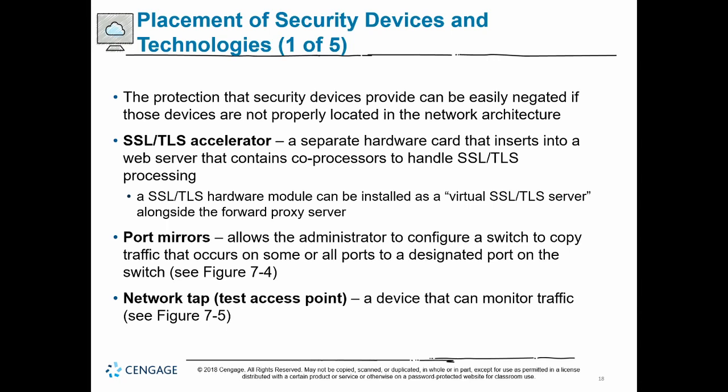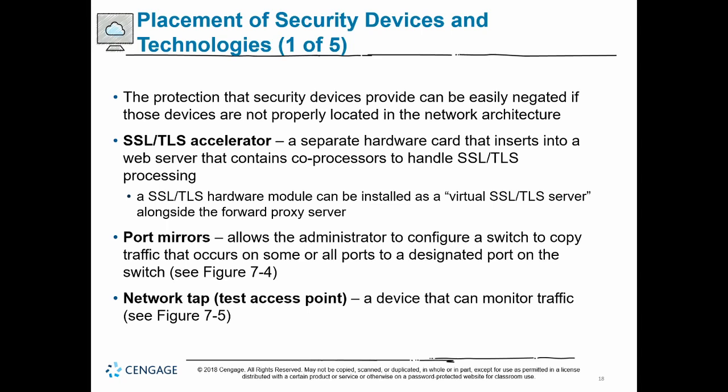One of the uses of port mirroring is if you're trying to capture network traffic. If you want to physically capture network traffic, you'll take the specific port you want to look at and port mirror that.